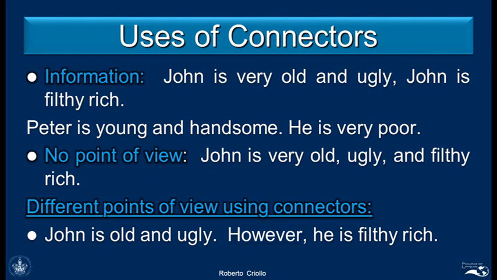What I'm saying here is that he is old and ugly, but that is not important because he has a lot of money. So I'm placing the importance on the fact that he is rich. I have a clear point of view.